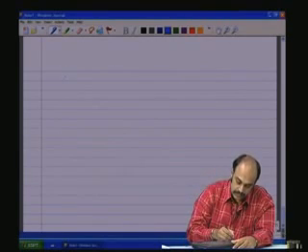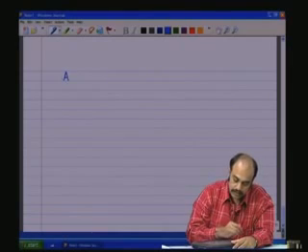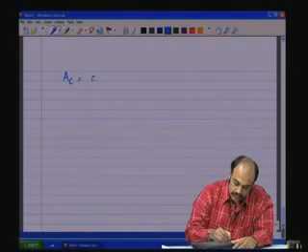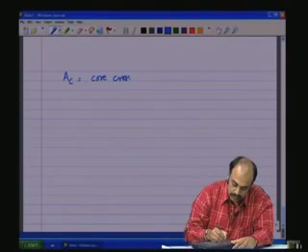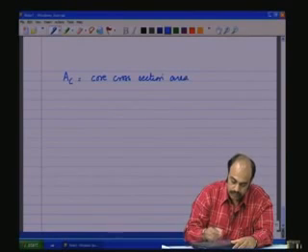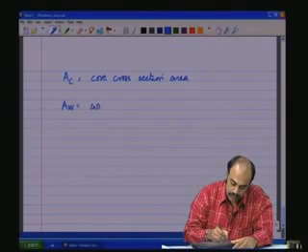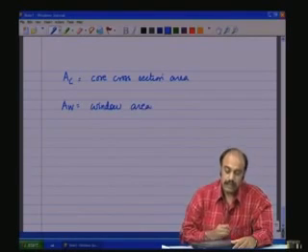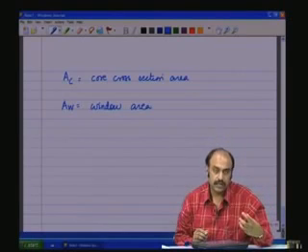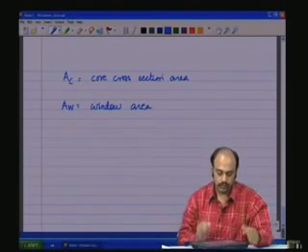One is called AC, which is the core cross section area. Another is called the AW, which is the window area. These are the physical dimensions of the core.